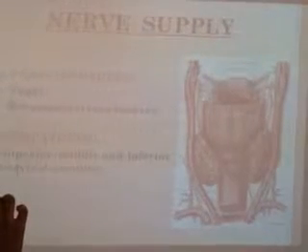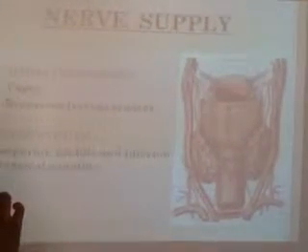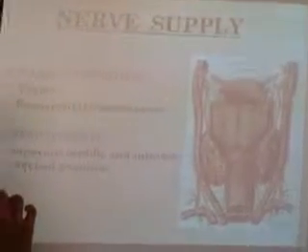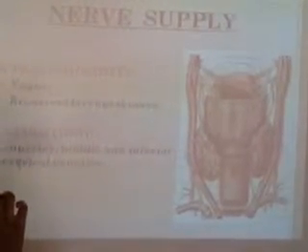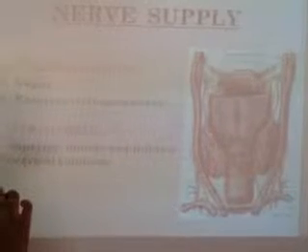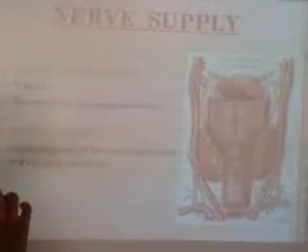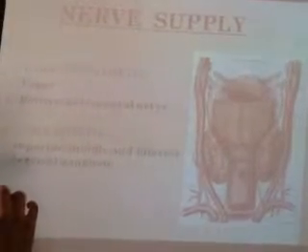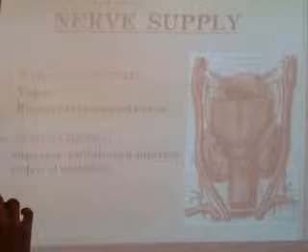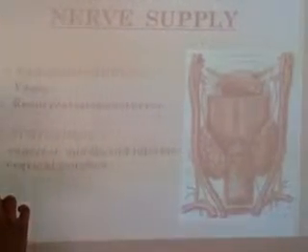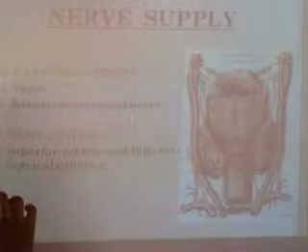And next is about the nerve supply of the thyroid gland. Parasympathetic is by the vagus and recurrent laryngeal nerve, which are secretomotor. And sympathetic is by fibers from the superior, middle and inferior cervical ganglia.